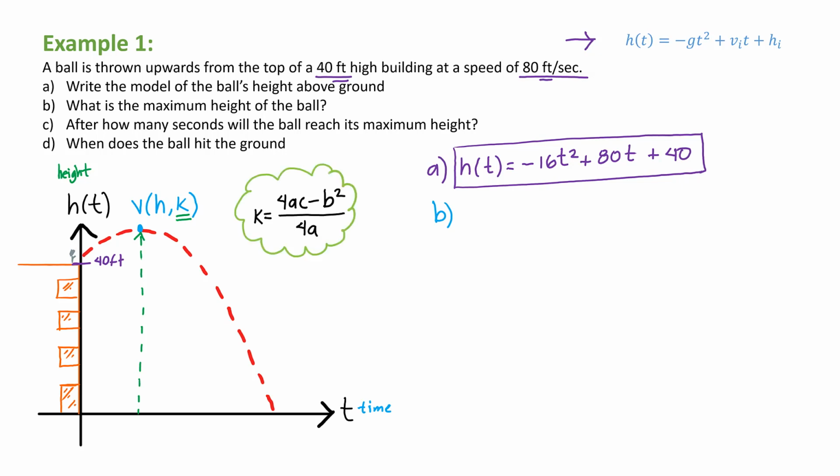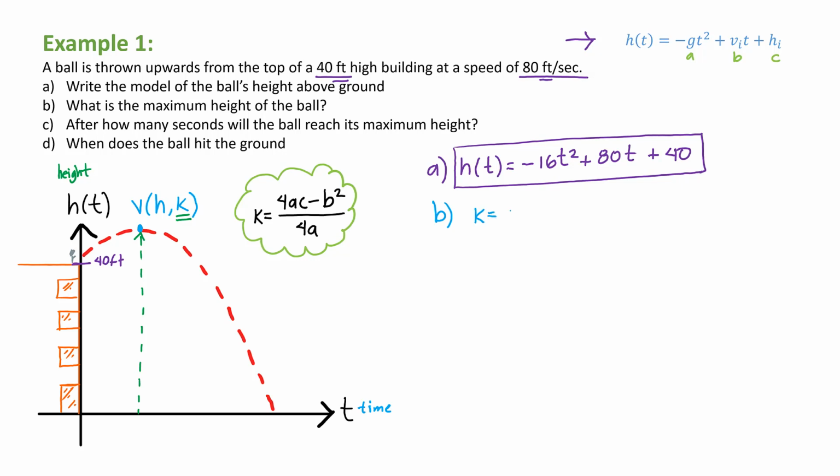A, B, and C are the coefficients of the model. A is the coefficient of the quadratic term, B is the coefficient of the linear term, and C is the constant term.